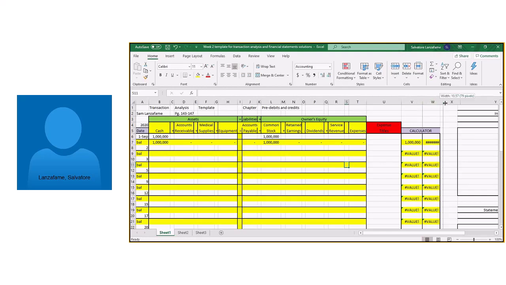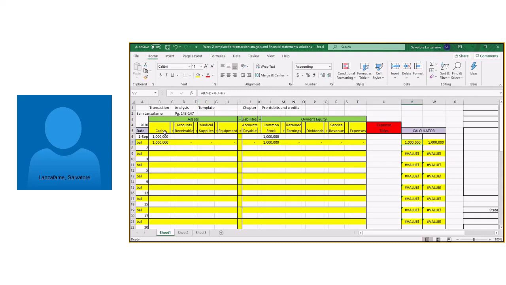Notice that the little calculator I've created off to the side helps me keep track of whether I'm in balance. This calculator won't be available to you on the test, but I like to use it instead of a handheld calculator. I've created some formulas to help me. If you click on one of those fields, you can see what's happening.